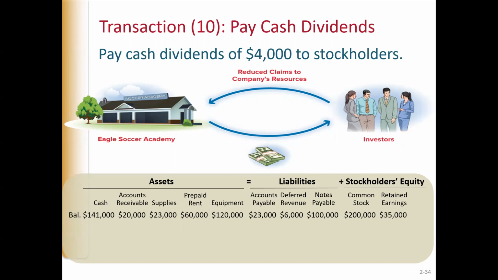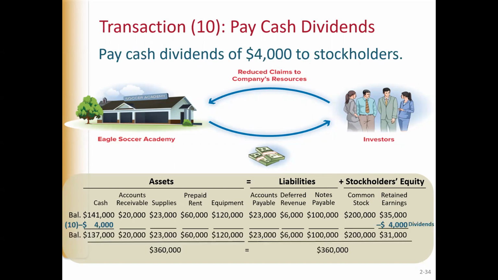Retained earnings through dividends. So cash goes down 4,000 and our retained earnings via dividends goes down 4,000. But guys, do you see we're still balancing? Our assets of 360 still equal our liabilities plus our stockholders' equity.